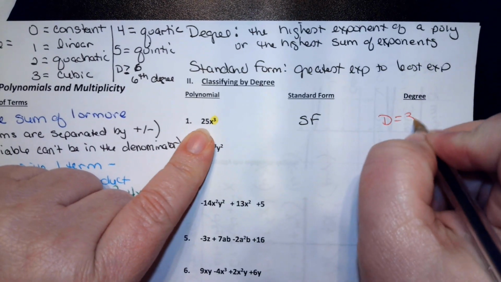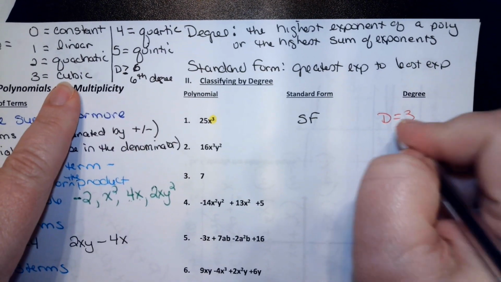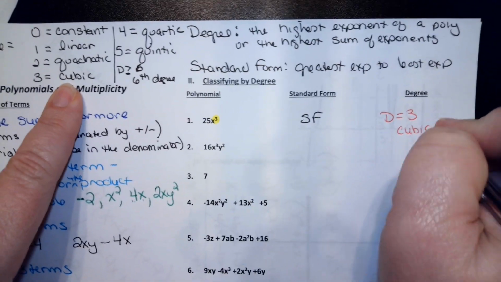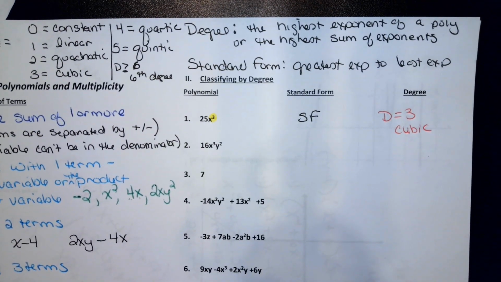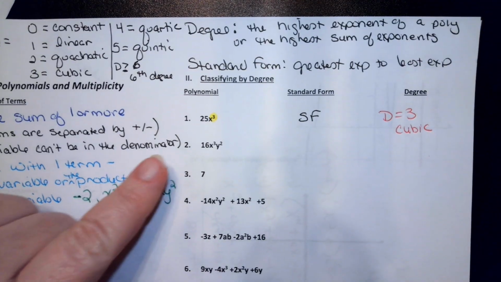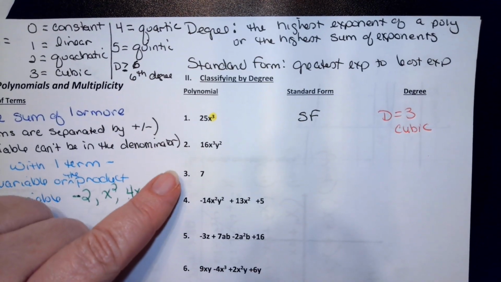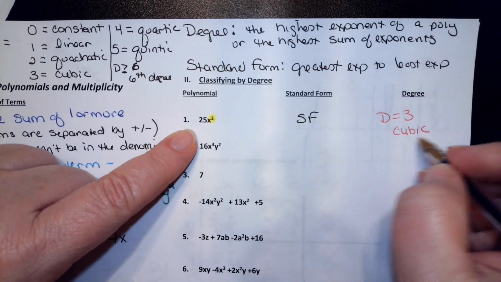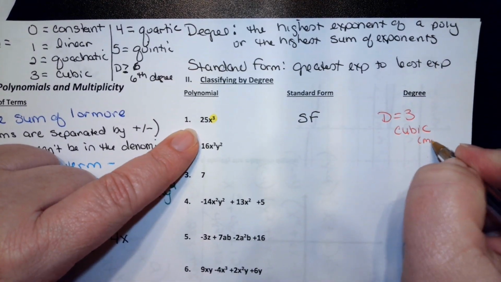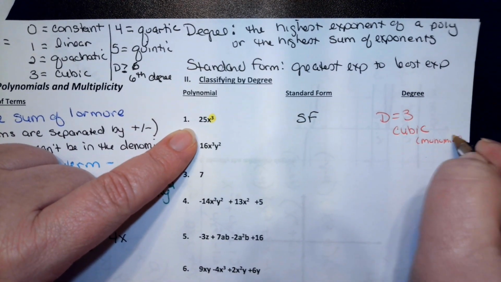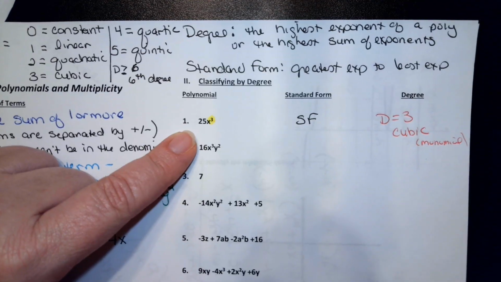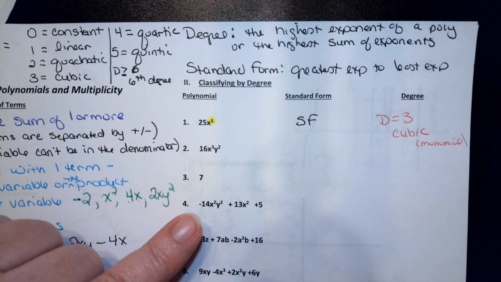So here we have a degree of 3, which makes that a cubic function. If I wrote the full thing out, this would be a cubic monomial if they asked me to classify by degree and number of terms.